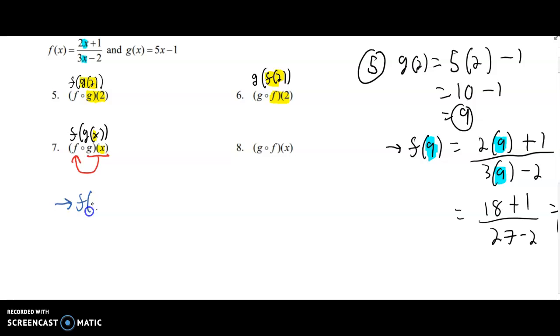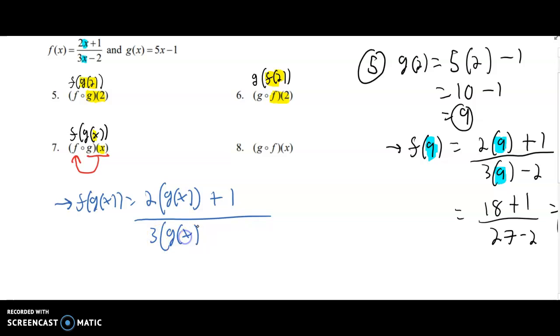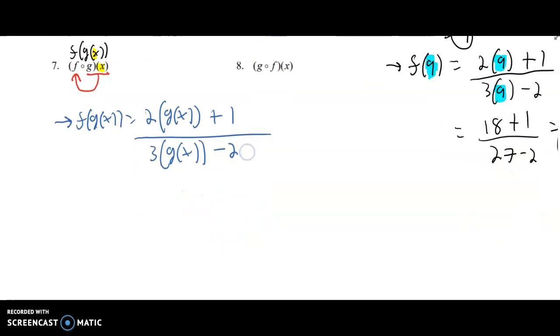So f of g of x equals, instead of 2 times x, it's 2 times g of x plus 1. And then, instead of 3 times x, it's 3 times g of x minus 2. G of x is 5x minus 1, so let's plug that in.